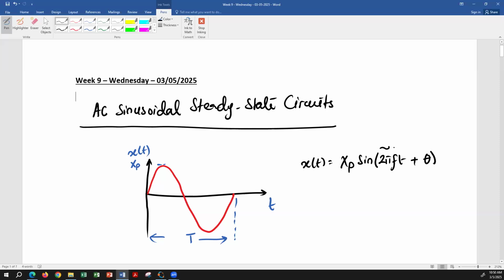2 pi f, of course, is omega, which is angular frequency. f is cyclic frequency, in hertz or cycles per second, and omega is in radians per second.